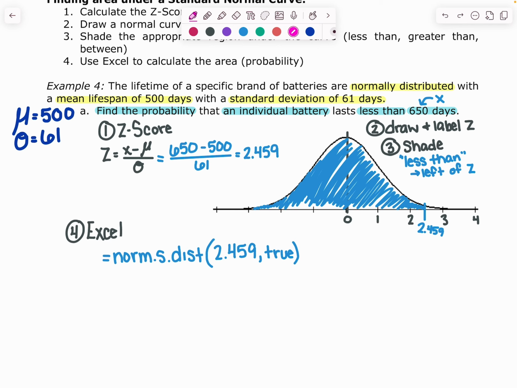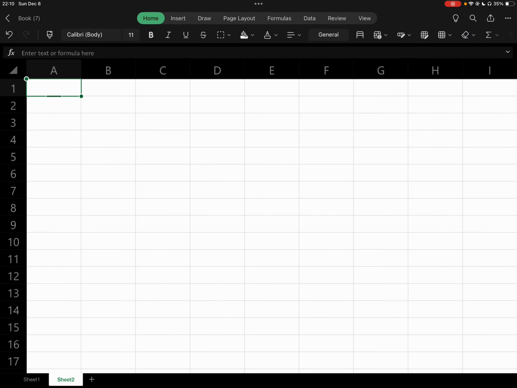So I'm going to switch to Excel for a second so that we can type this in. I was going to forget the z-score if I didn't have it in my calculator. So here's my Excel screen. And I have to turn on my keyboard.